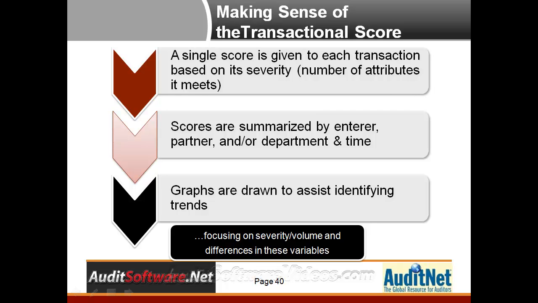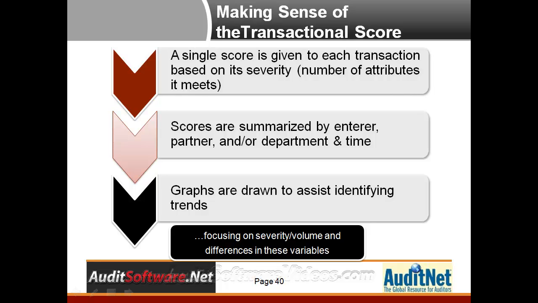So you can then take that transactional score and summarize it by enterer, by partner, by department, by time, and we'll talk about that. What's interesting there is in the summary, you can get back to that supplier summary anyway. So you can very, very quickly get back to a transactional score that's then summarized by supplier, and I think that has much more relevance than just saying whether or not a supplier showed up on a particular report.